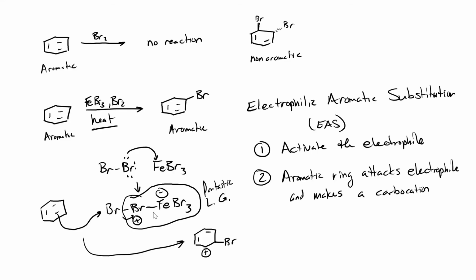The only reason that we can get this to go is because this leaving group is so stable that once it leaves, it's pretty much unreactive. And so the reverse reaction to restore the benzene ring and take away the bromine is very, very hard to do. Okay, so we create our electrophile in step 1, we add to our electrophile in step 2, and we end up with a carbocation.